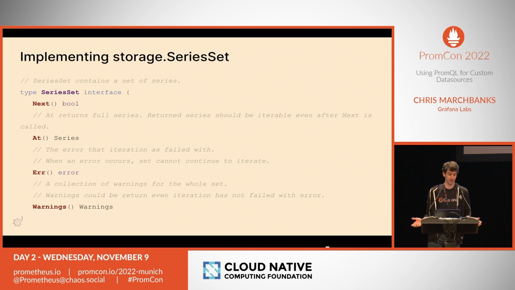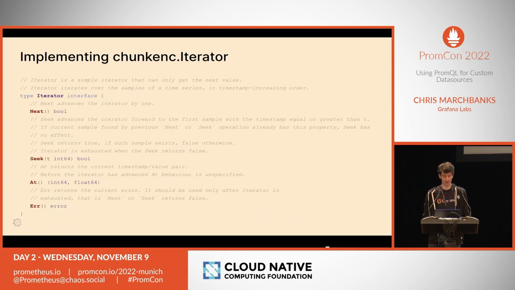And then finally, here we have what a series set looks like. So you saw we're just returning series sets from select, and they're iterators across series, which are just defined as a label set and another iterator of samples. And you'll see that as a common pattern where all of these are iterators. So here is also the iterator for samples.